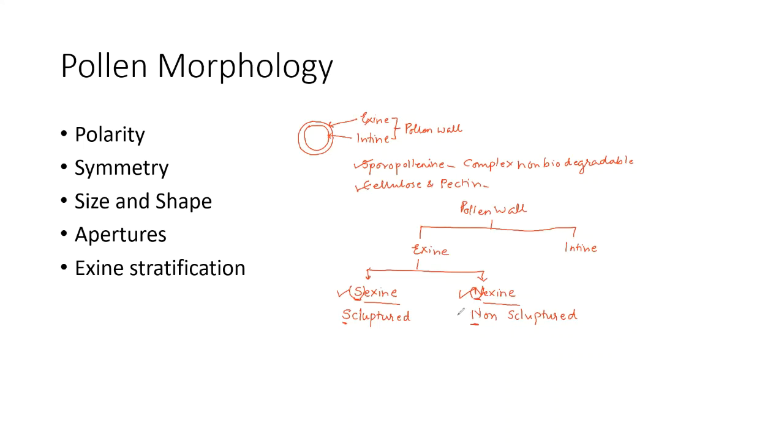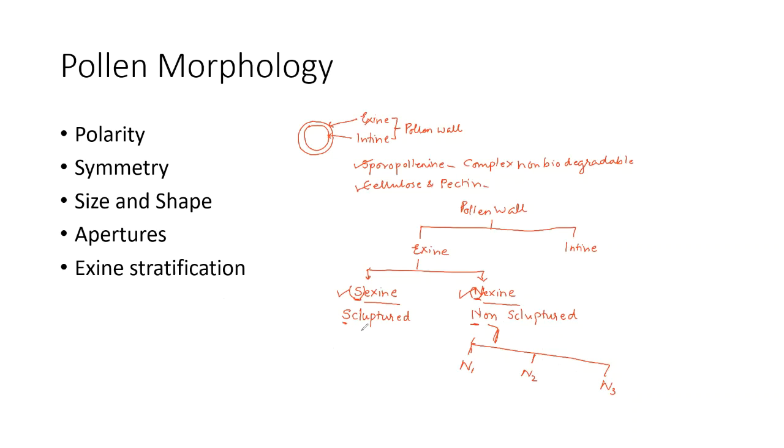There are no sculptures, and as a result, there is no variation as far as nexine is concerned. But then this nexine is further differentiated into three layers. What are the three layers over here? This simply stands for N1, N2, and N3, which is nothing but nexine 1, nexine 2, and nexine 3.